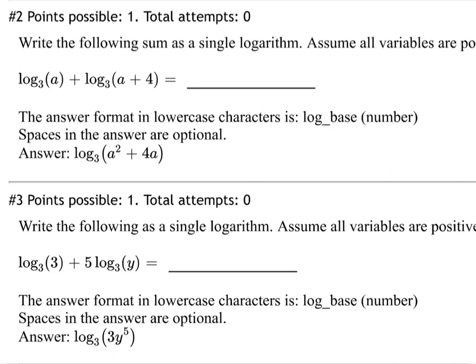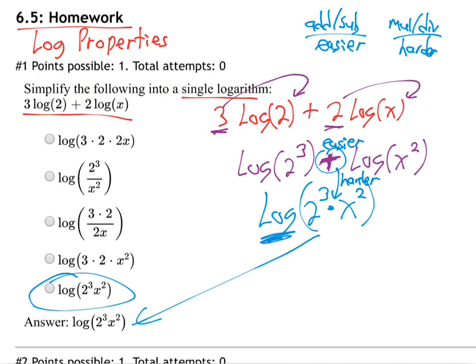So again, we have an easier operation, adding, for two people. It's going to become harder for one log. Now, see the log base 3, that never changes. In the last problem, we didn't have a base on the log, which really means it was 10, but we didn't need to show it. It was an invisible understood 10.